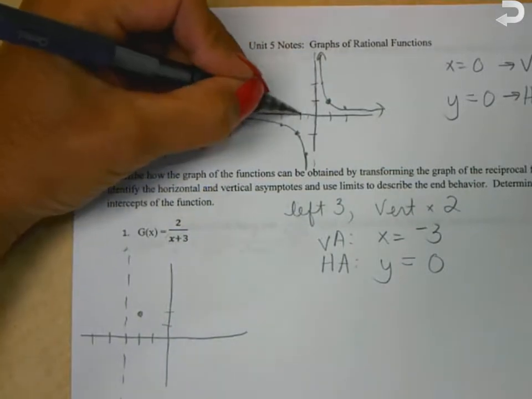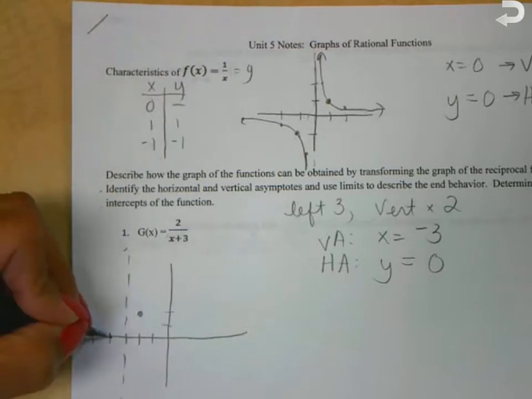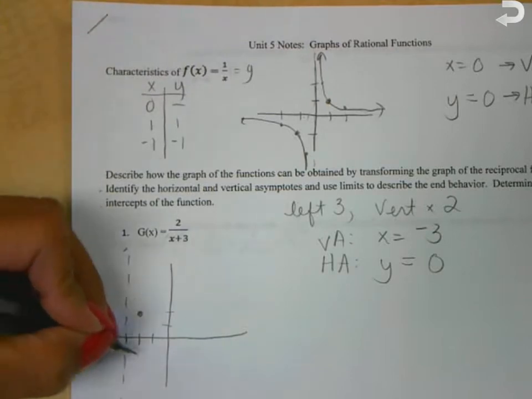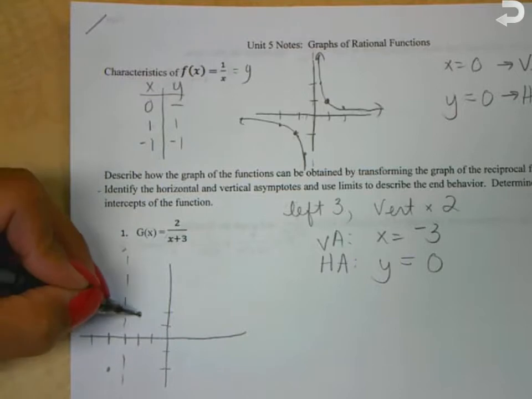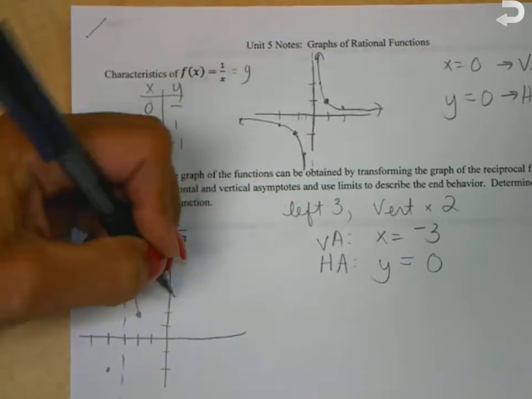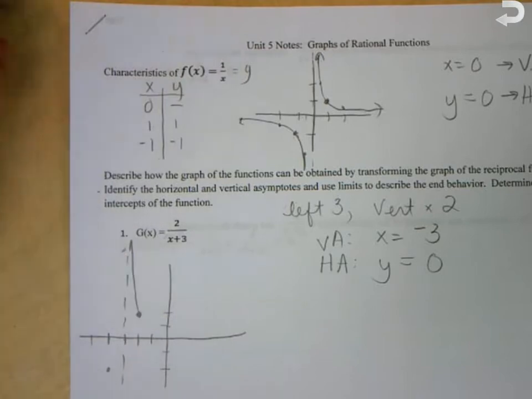And likewise, usually when we go back 1 and down 1 on the parent function, we're going to go back 1, and because of the vertical stretch, we would go down 2. And the graph will basically curve over this way.